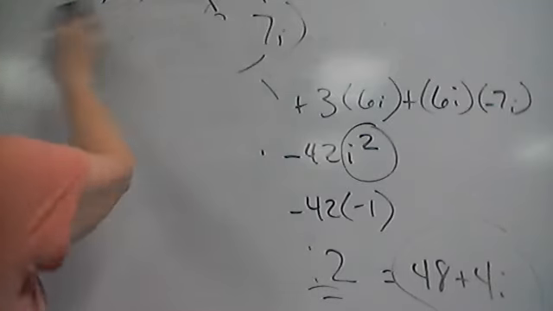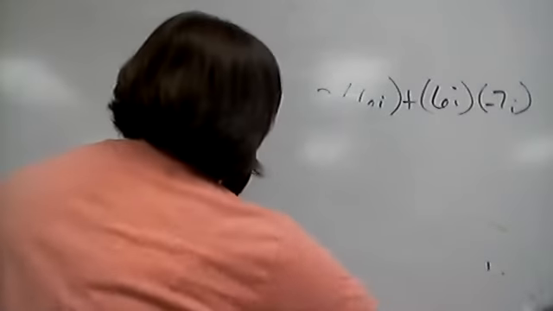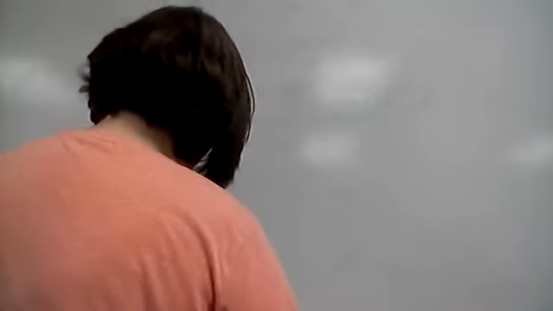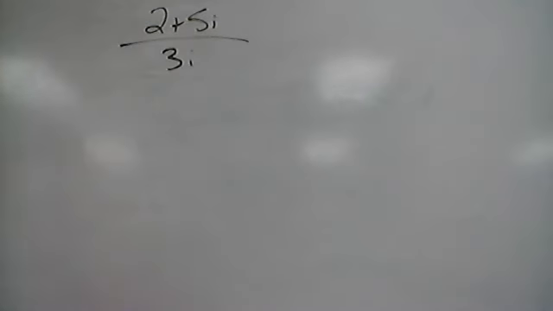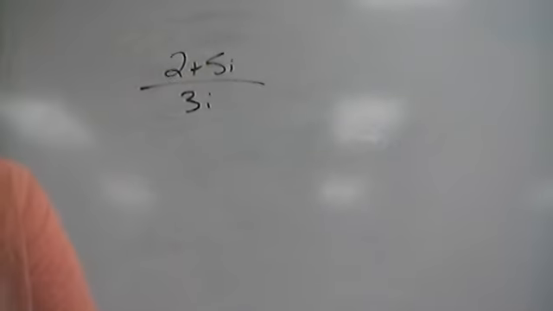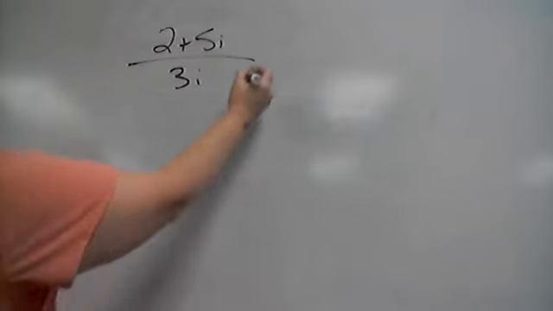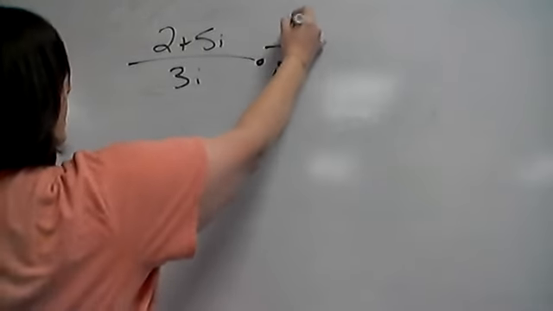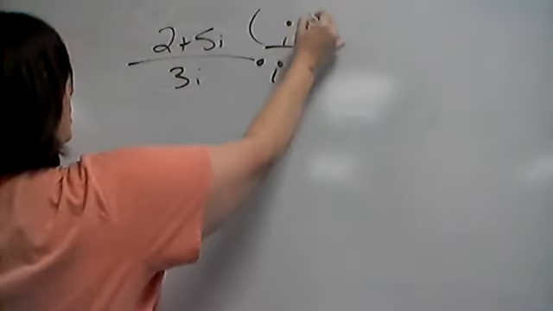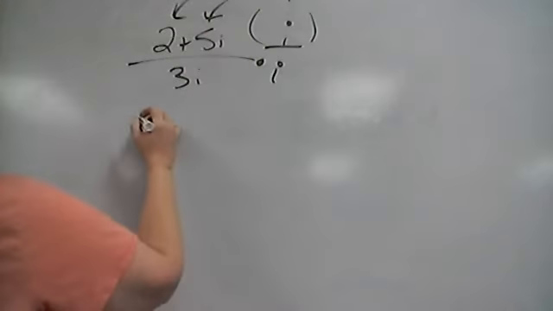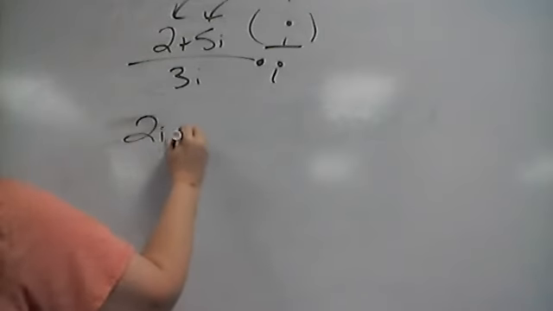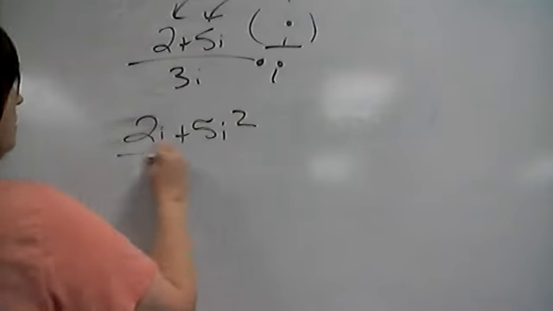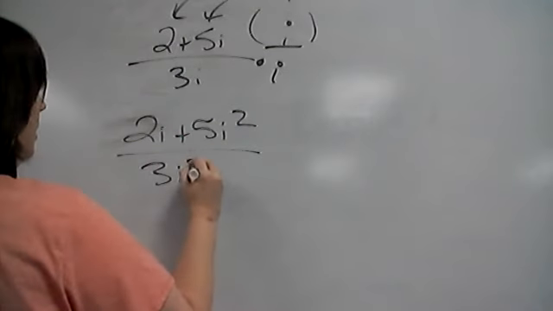All right, the last thing I'm going to review for you is the division. Okay, so 2 plus 5i over 3i. Remember, we cannot leave i in the denominator, so we're going to multiply the top and the bottom by i. So here I'm going to distribute. So 2i plus 5i squared over 3i squared.